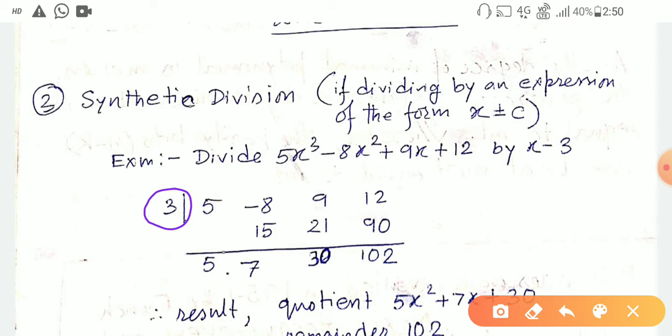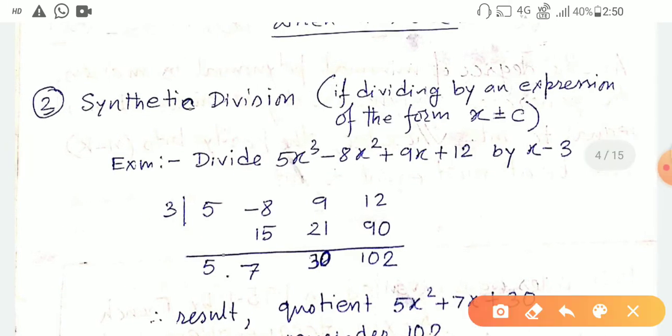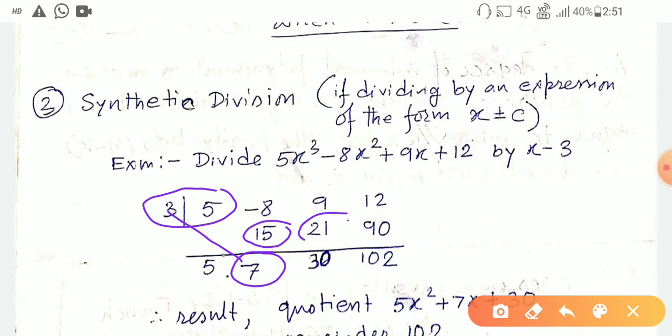So x is equal to 3 in this way. You multiply 3 into 5, and put the result in this position, so it will be 15. Then the result is 7. Then multiply these two, and it will be 21. Put this in position. Now the result after addition, 21 plus 9, is 30.